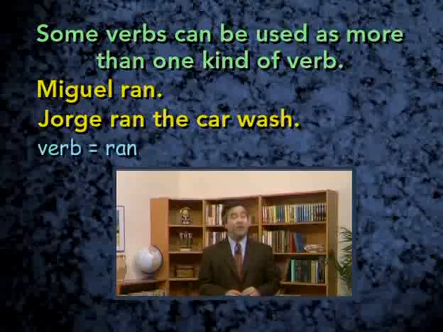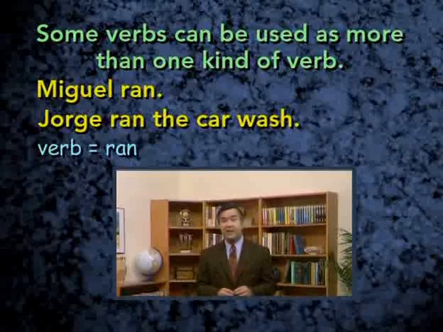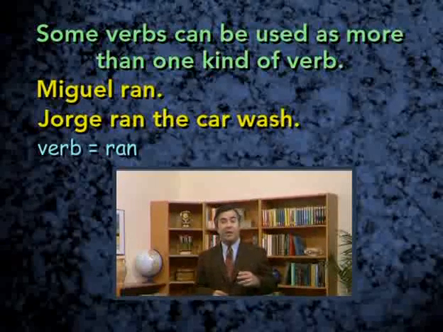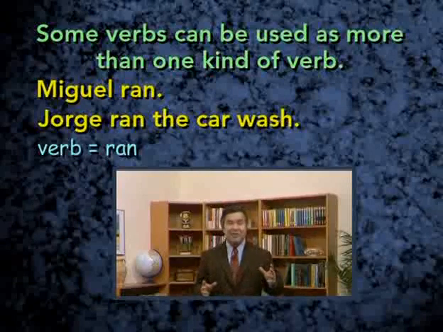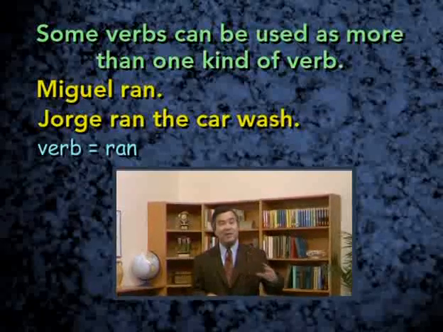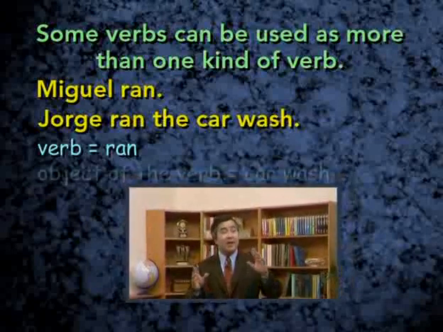Here we have the same verb, ran, but it's used in a very different way than in the previous sentence. In the previous sentence, we saw that the verb ran had no object. Miguel ran, and that was the end of the sentence. In this case, the verb ran does have an object. The action of the verb ran is being passed on to something which is receiving that action, namely the car wash.